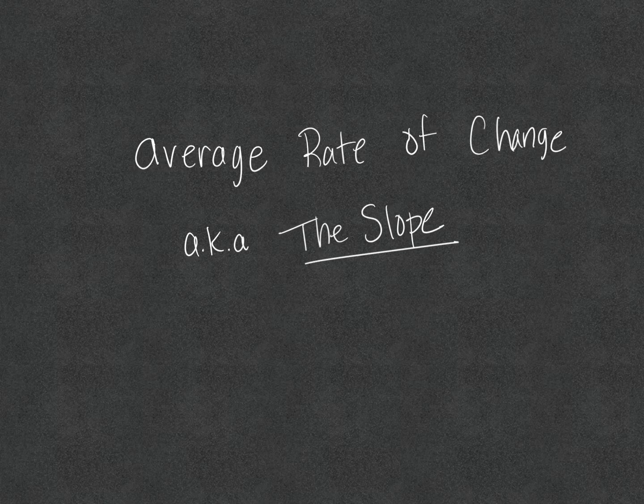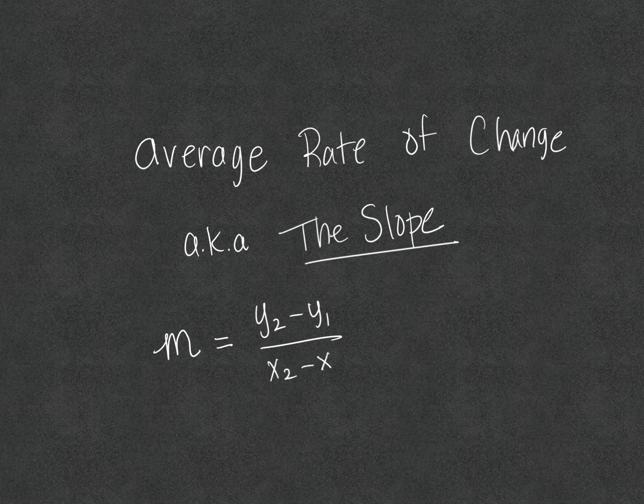The average rate of change, or the slope, which we often denote with an M, is y2 minus y1 over x2 minus x1. Change in the y's over the change in the x's. You might have learned that as rise over run.